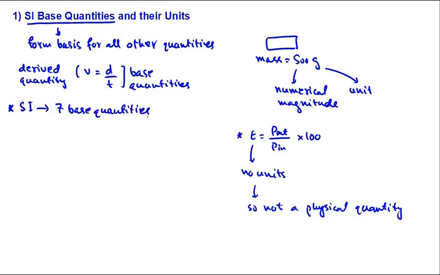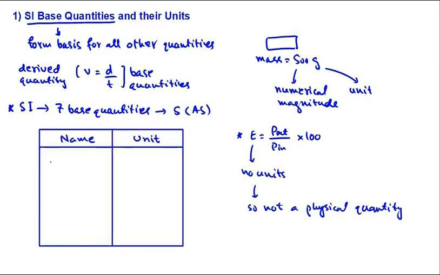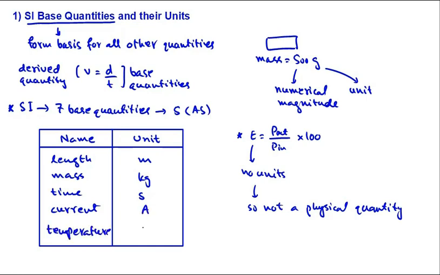But out of these 7 base quantities, only 5 are included in our AS physics syllabus, and you have to memorize their names as well as units, which are length, unit meter; mass, unit kilogram; time, unit second; current, unit ampere, denoted by capital A; and temperature, unit Kelvin, denoted by capital K. Students, these are the 5 base quantities included in the AS physics syllabus, and these are their units.